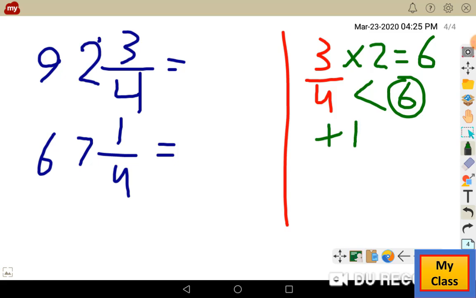So here, add one more and ignore the other, so 92 becomes 93.